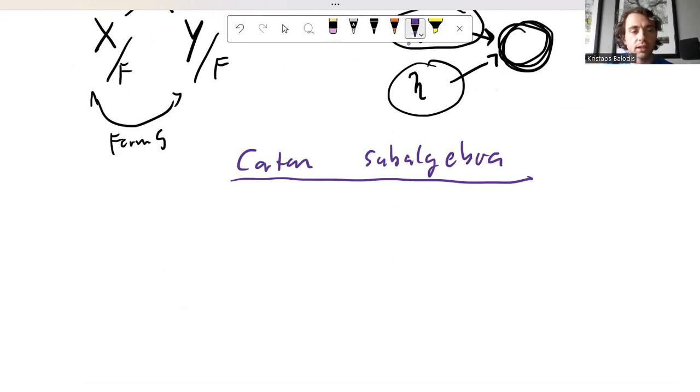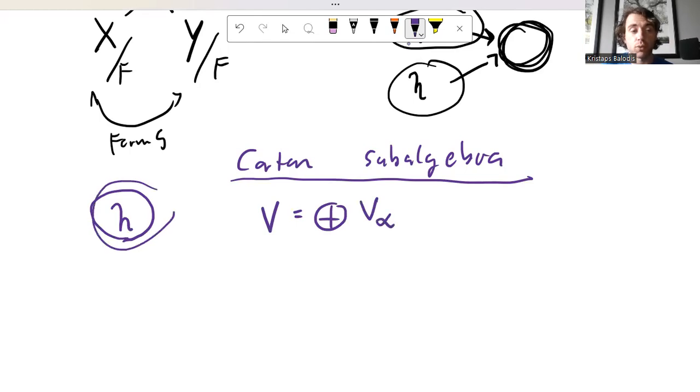Basically, the goal is to find some abelian subalgebra, and we know from linear algebra that we can simultaneously diagonalize operators that commute with each other. So we want to find the largest commuting subalgebra that we can, so it covers as much of the Lie algebra as possible, take whatever representation we have, break it into eigenspaces for this subalgebra, and then look at what the remaining pieces of our Lie algebra do.